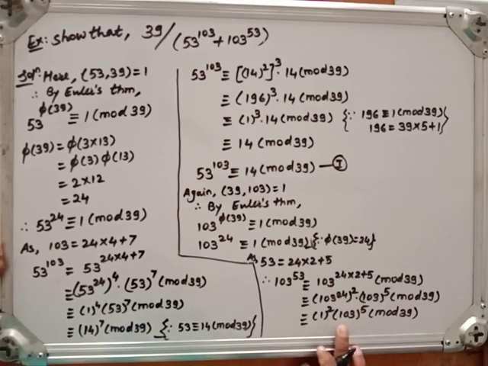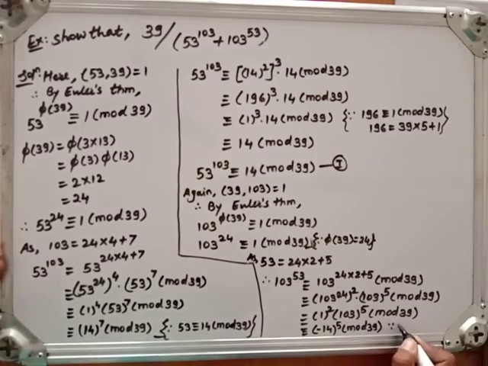So now 103 is congruent to minus 14 modulo 39. So here this is congruent to, this is 1, this is 103 raised to 5. So this is minus 14 raised to 5 modulo 39. Why does this hold?